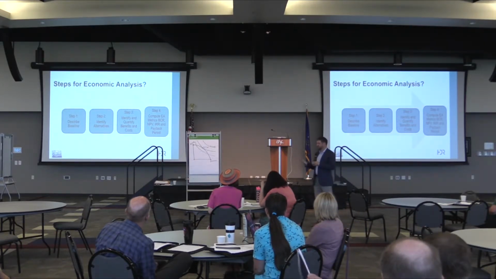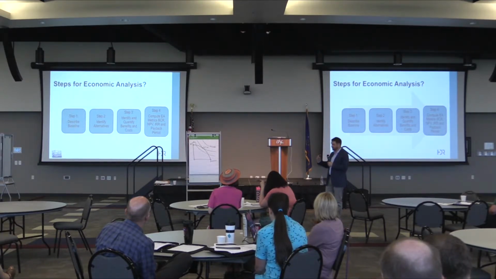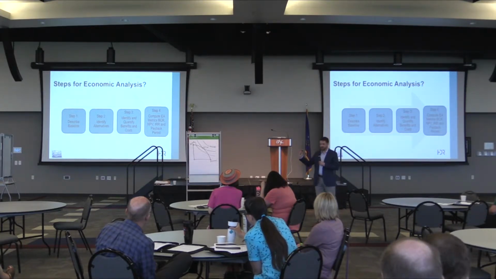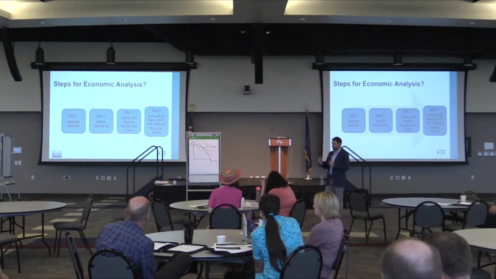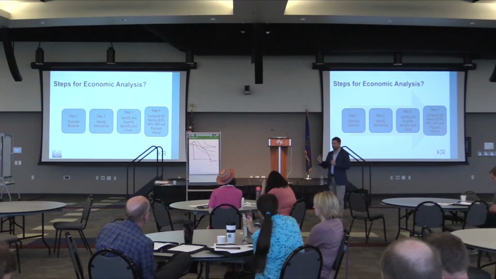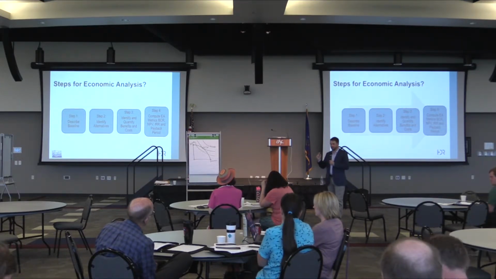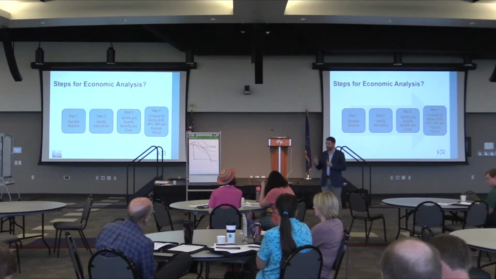One of the things about economic analysis is you can spend a lot of money to get all the way to 100% clarity with your economic analysis. But in a lot of cases, if you get to 90%, then your analysis is probably good enough to give you a definitive answer.